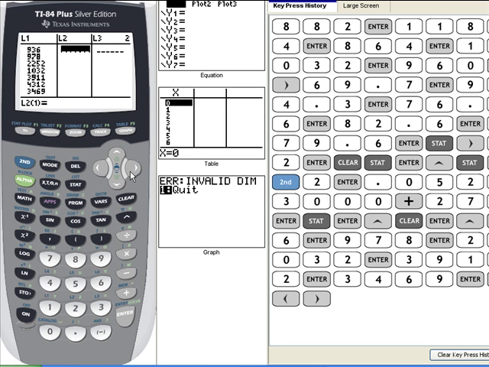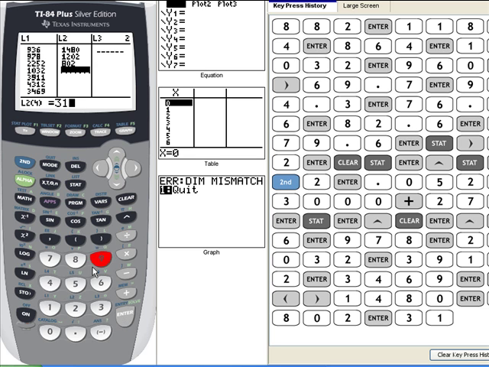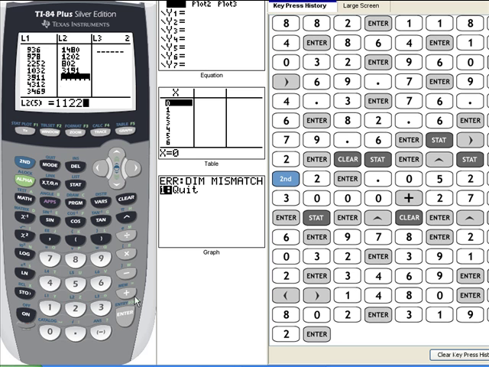Then 1202, then 802, 3191, 1122, 739, and last of all, 2767.